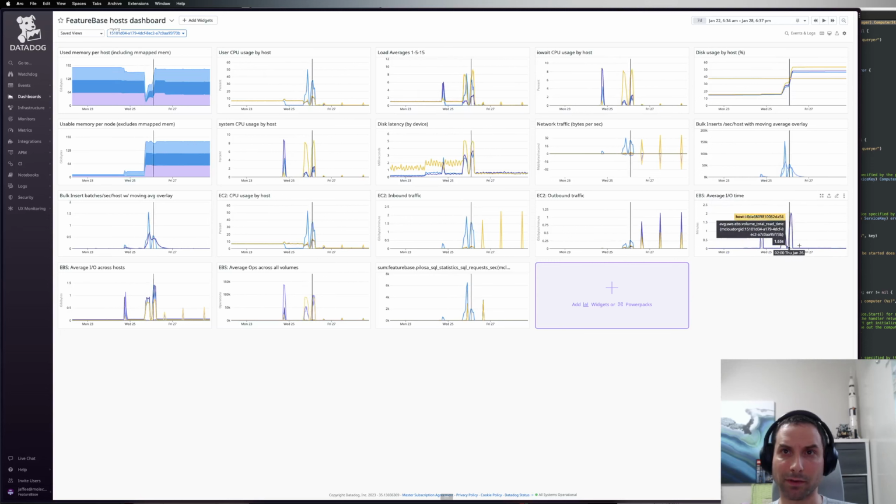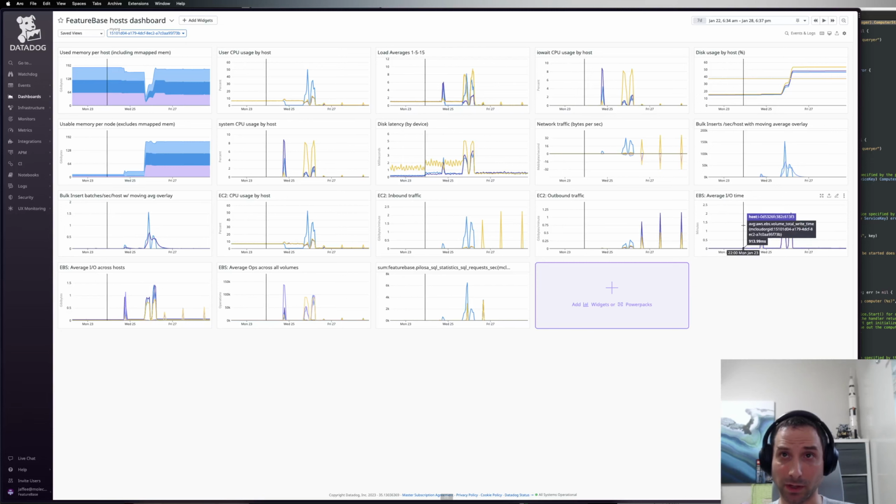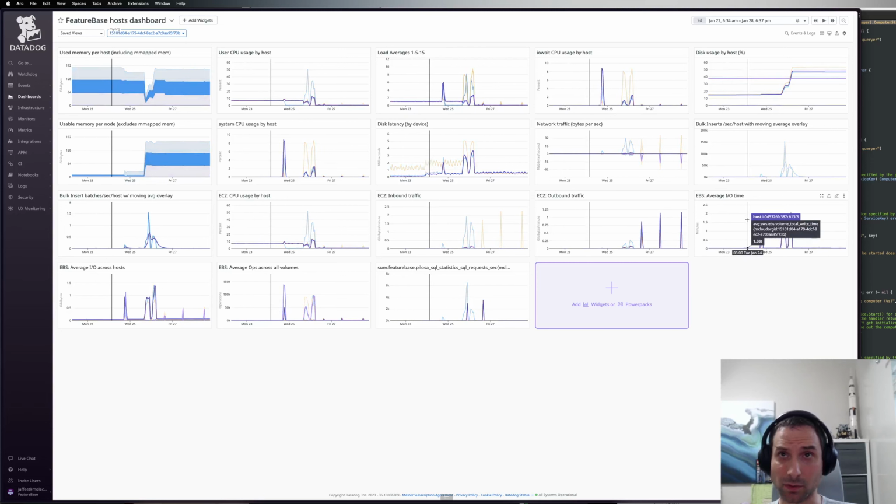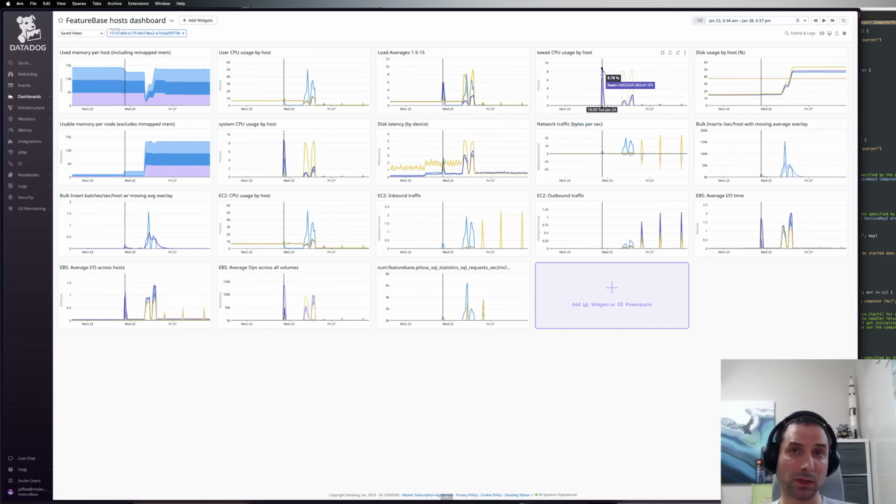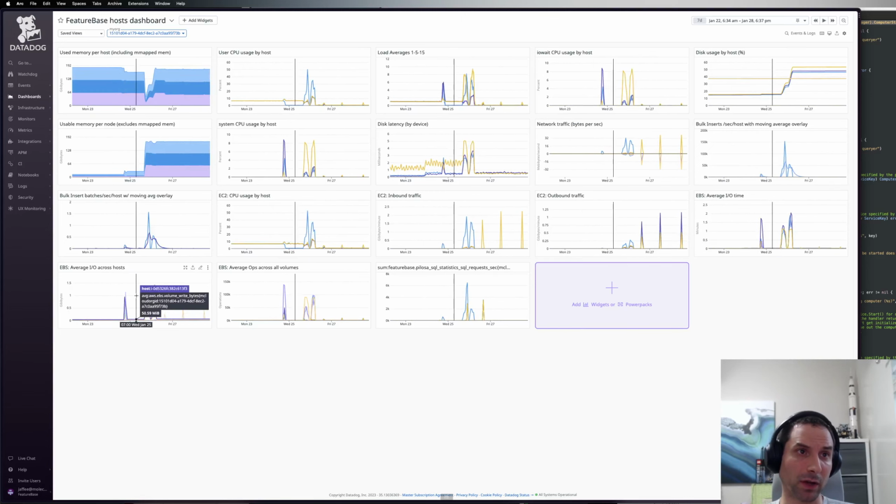Average IO time is actually a weird one. That's an AWS specific thing. It's a little bit strange, but you'll see IO wait spike, and there should be average IO across hosts.